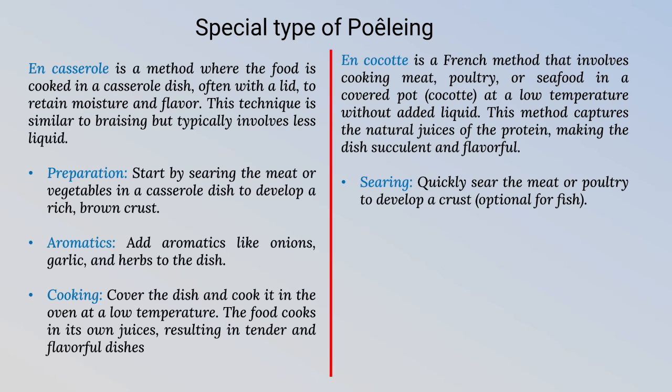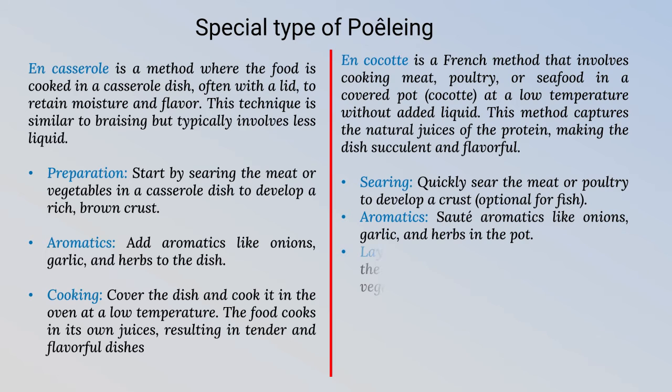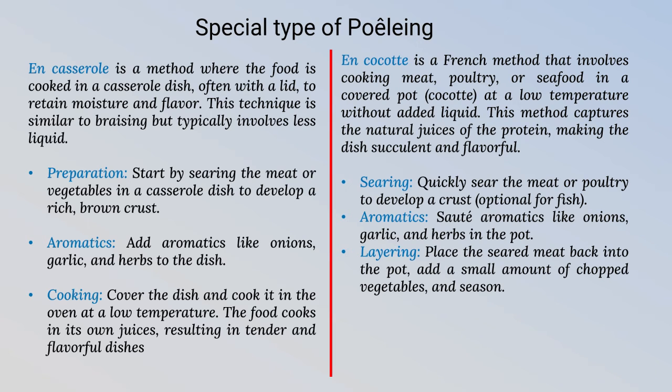Then the process, first is searing. Quickly sear the meat or poultry to develop a crust. For the fish, we don't require to do that. Aromatics: then add sauteed aromatics like onion, garlic, herbs in the pot. Then layering. Place the seared meat back into the pot.